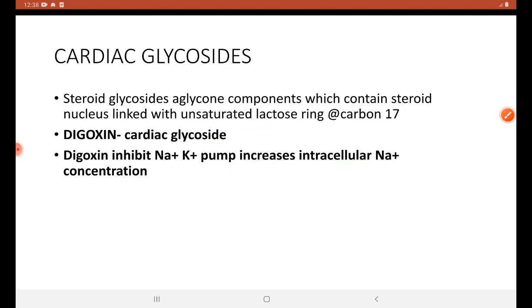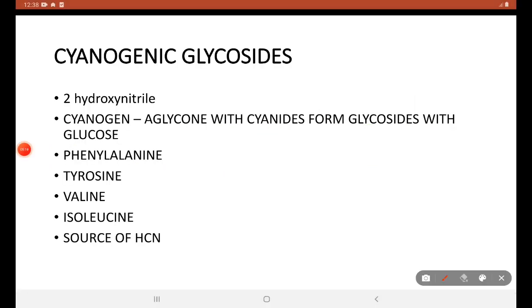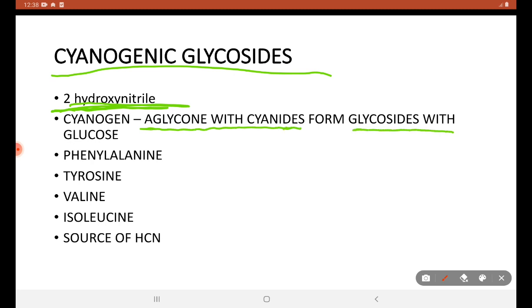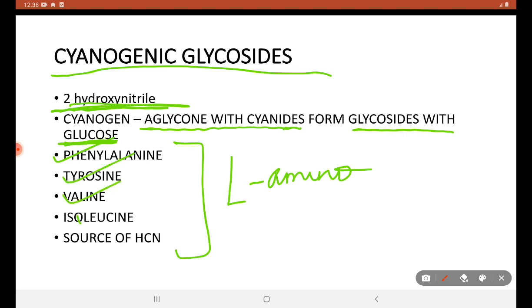Next we are going to see about cyanogenic glycosides. These are derivatives of 2-hydroxynitrile. Cyanogens are aglycones with cyanides that form glycosides with glucose. Cyanogenic glycosides are derived from the L-amino acids phenylalanine, tyrosine, valine, and isoleucine.